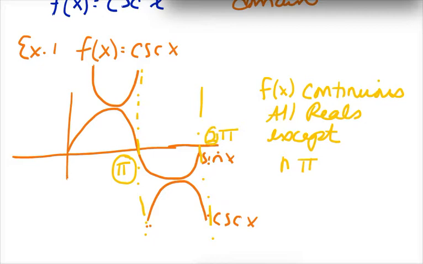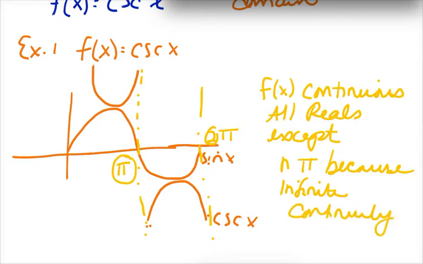So it's continuous on all reals except for n pi, because you have an infinite discontinuity there. So that's your intervals that you need to define continuity for cosecant.